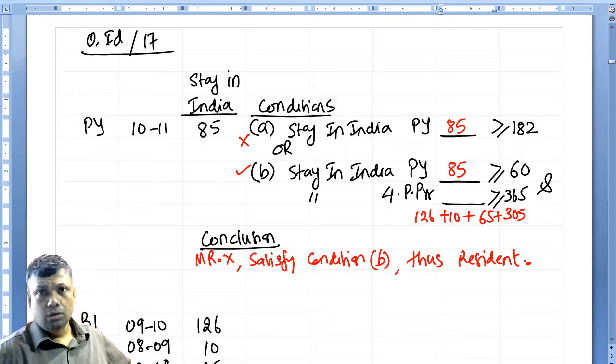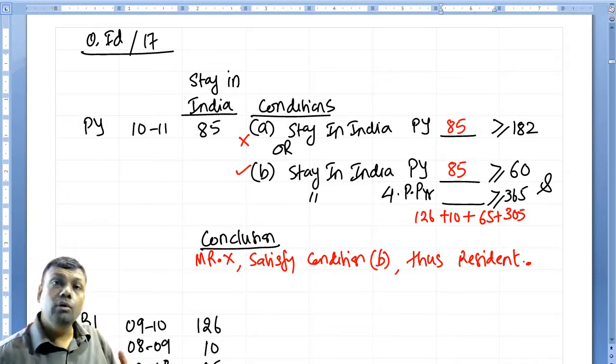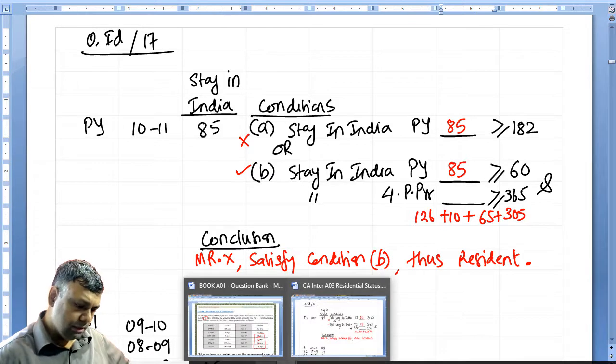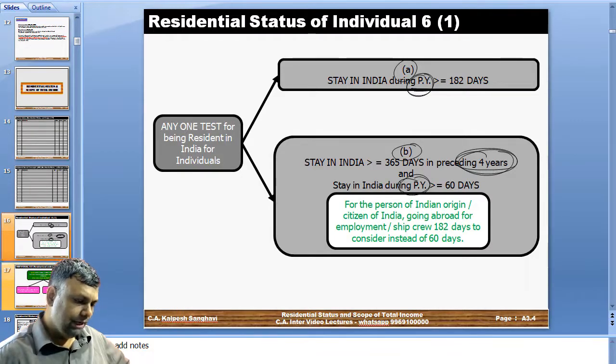Friends, once you have developed this conclusion that you are resident in India, only then you have to go and check whether you are resident and ordinarily resident or not. So people who are of resident types can further be categorized into resident and ordinarily resident or not ordinarily resident. Okay, so this conclusion is already developed. Now, come to this page of additional condition.